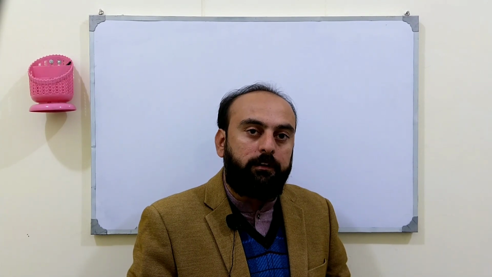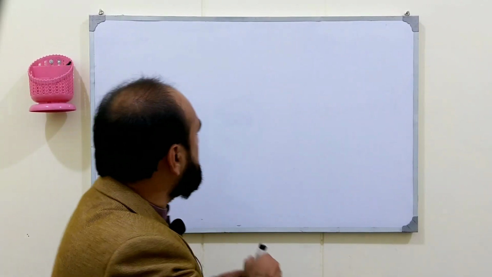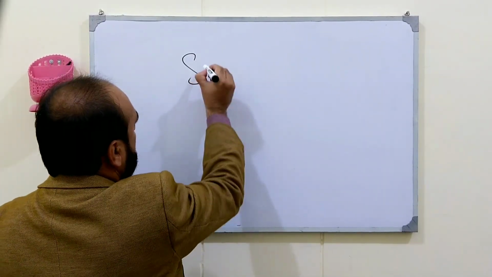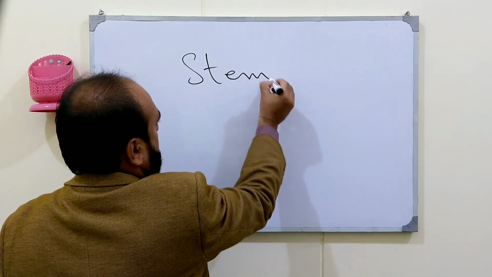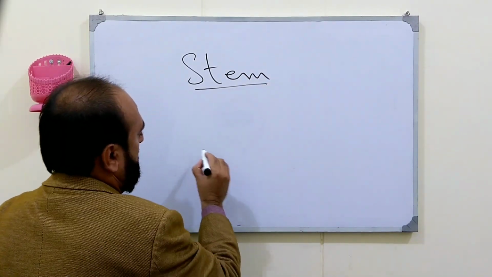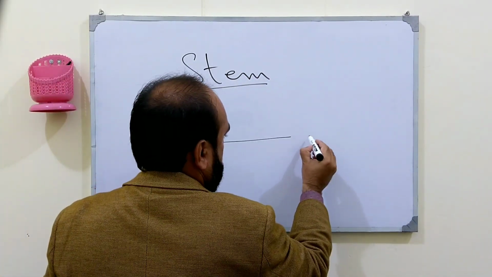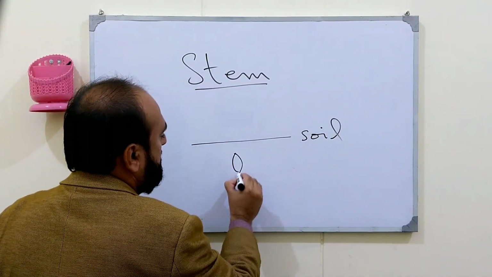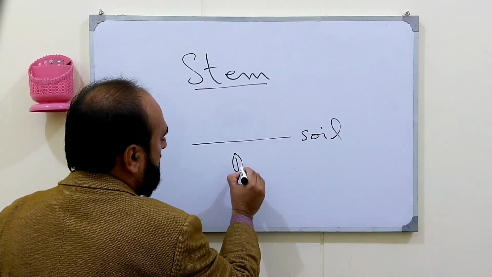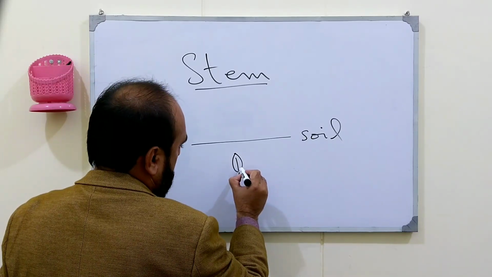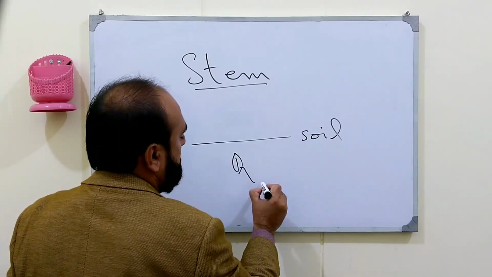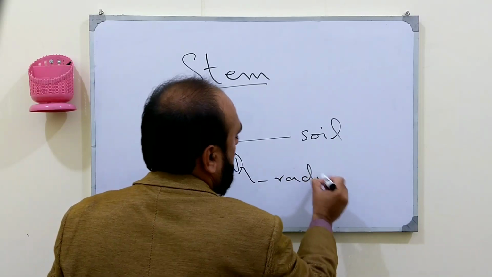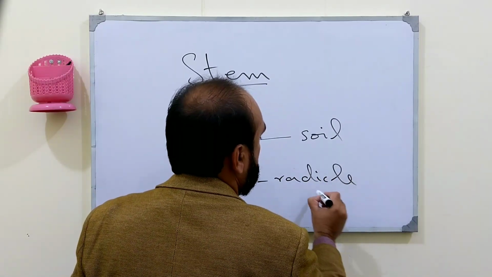The next organ that we are going to talk about is the stem. When you plant a seed in the soil, the radicle emerges through the seed coat and gives rise to the root.